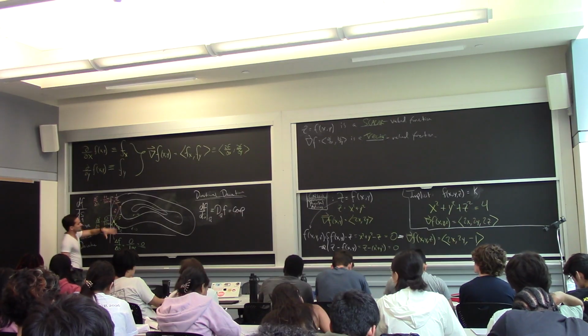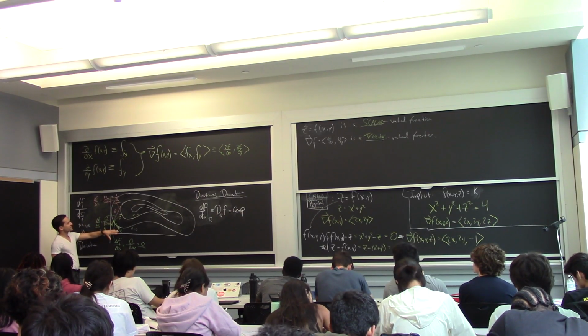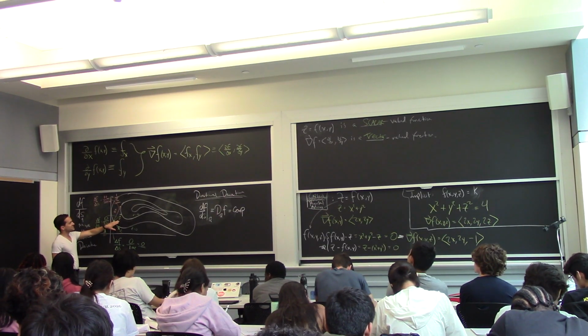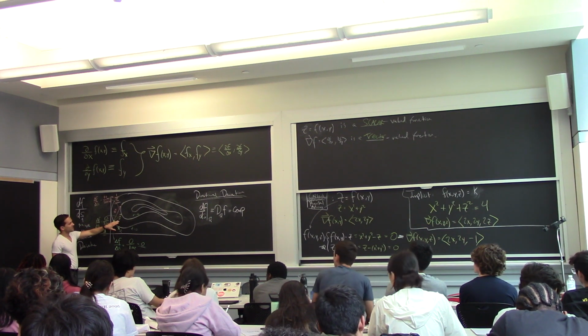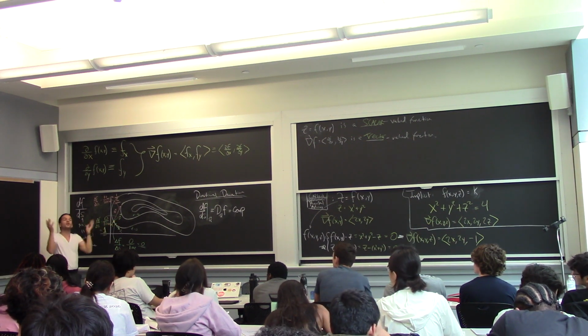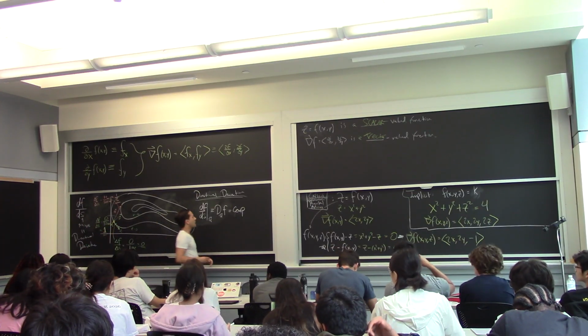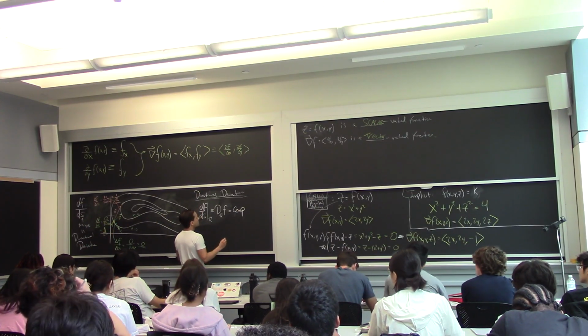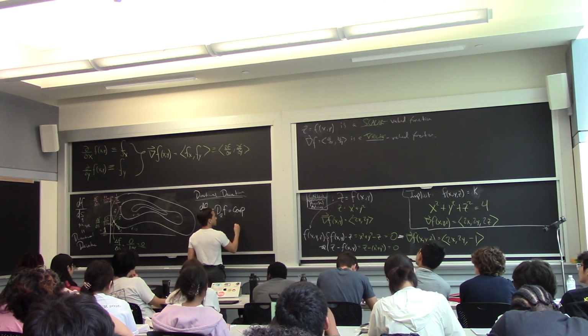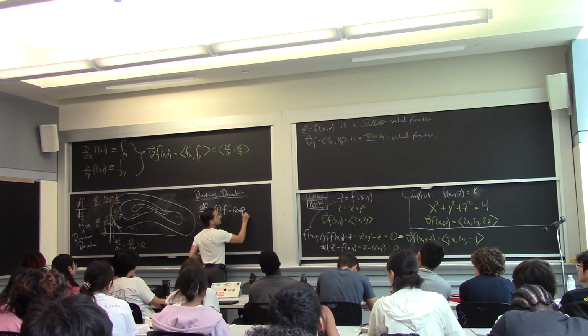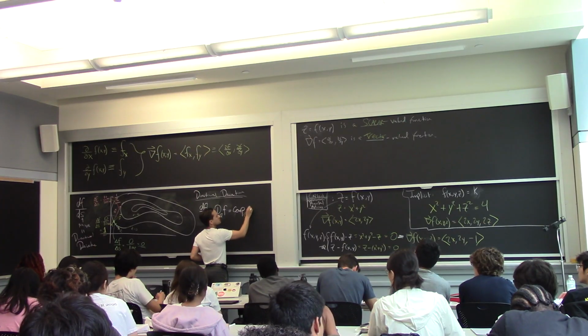Which of these vectors is the strongest, most bang for the buck? And what direction does v hat point? Spoiler alert, it's the direction of the gradient. So this is going to be the amount of the gradient in the direction of u.